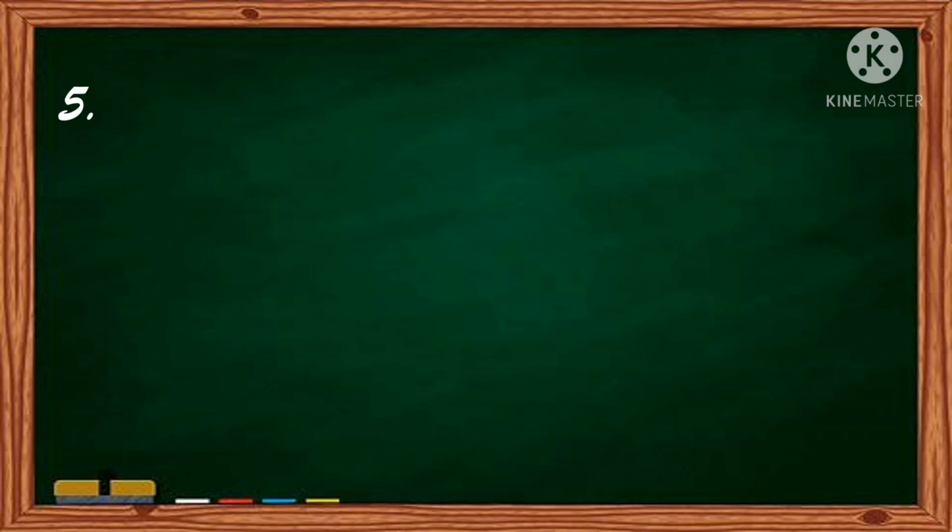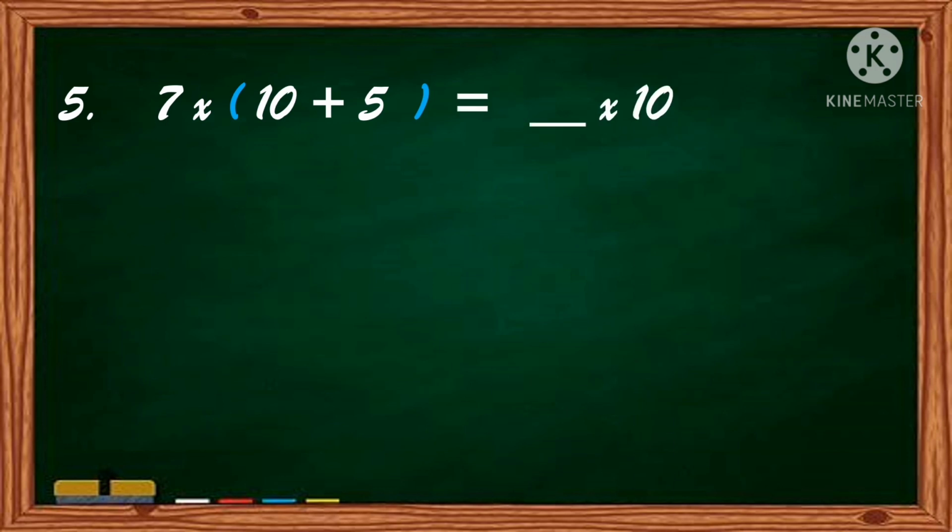And number 5. 7 times 10 plus 5, open and close parentheses, is equal to blank times 10, open and close parentheses, plus 7 times blank, open and close parentheses.